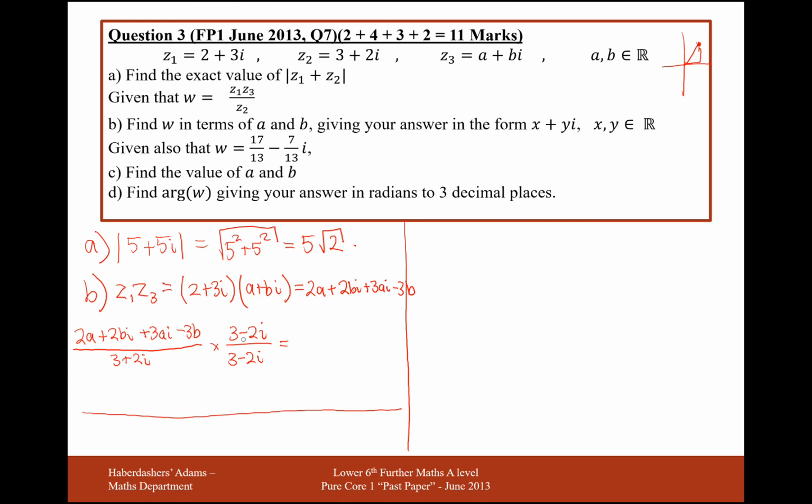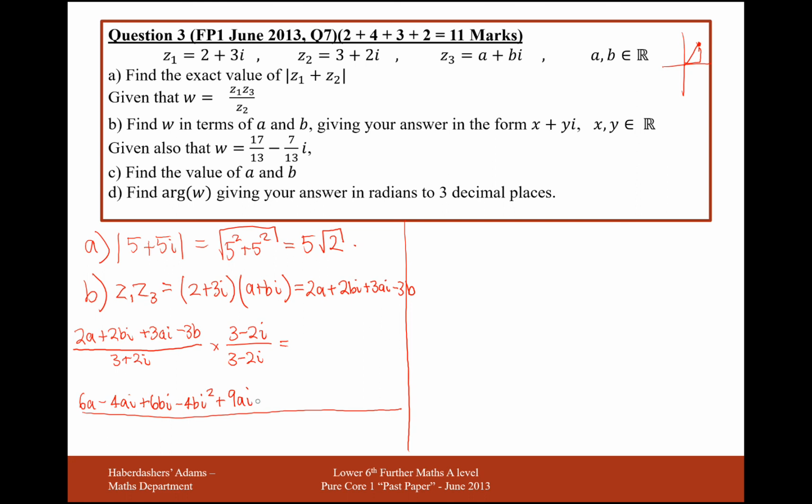4 from here times by 2 over here, so 2a times 3 is 6a. Take away 4ai. 2bi times 3, that would be plus 6bi. 2bi times minus 2i, that would be minus 4bi squared. The next one is going to be 3ai times 3, that would be plus 9ai.